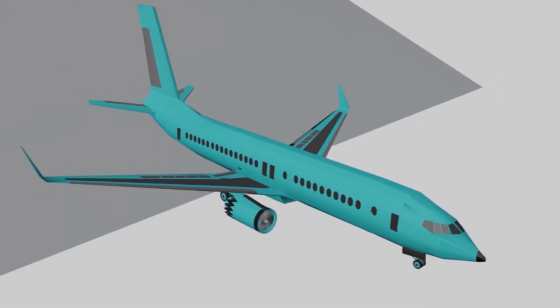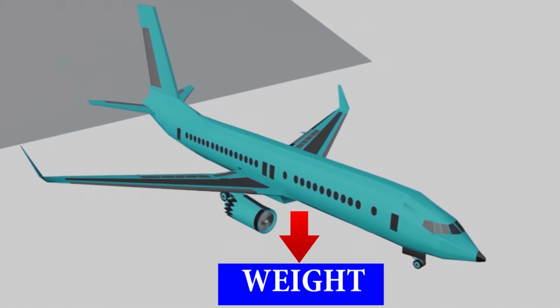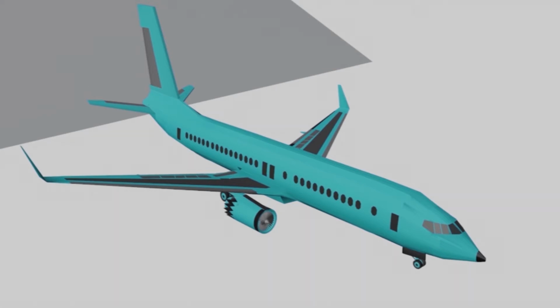Let's start with the forces acting on an aircraft in flight. There are four forces acting on an aircraft in flight. They are lift, weight, thrust, and drag. Lift is opposite to weight, and thrust is opposite to drag. Therefore, the sum of each opposing force is 0.